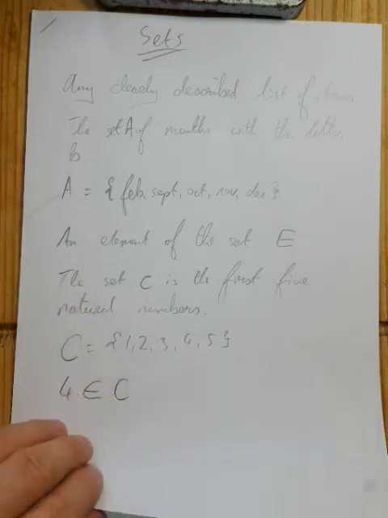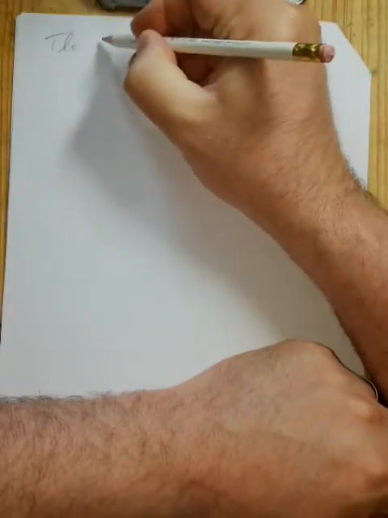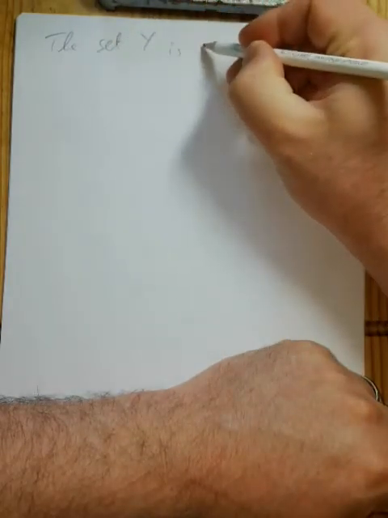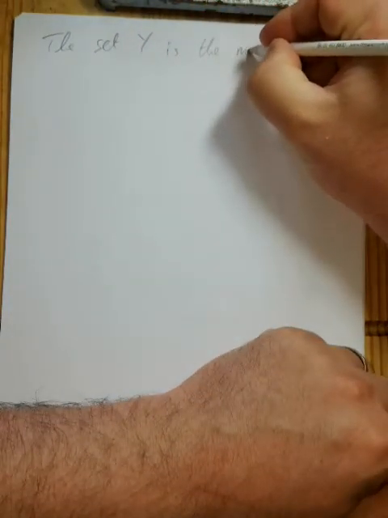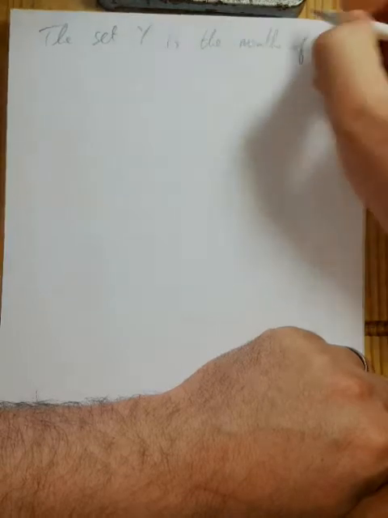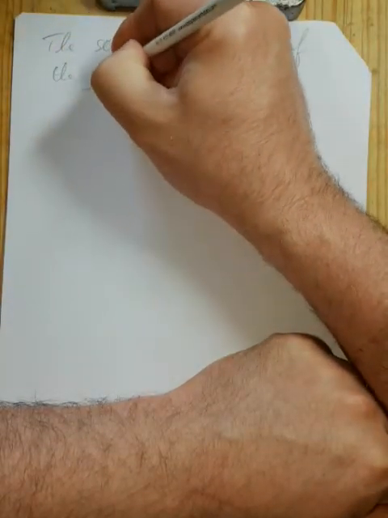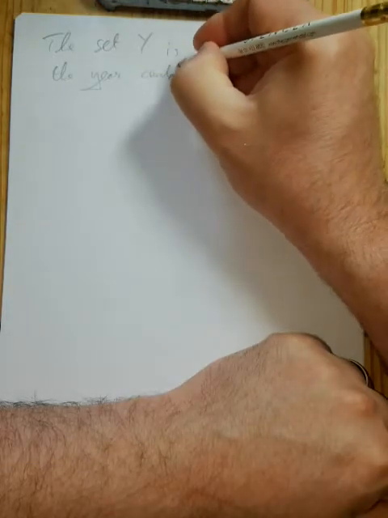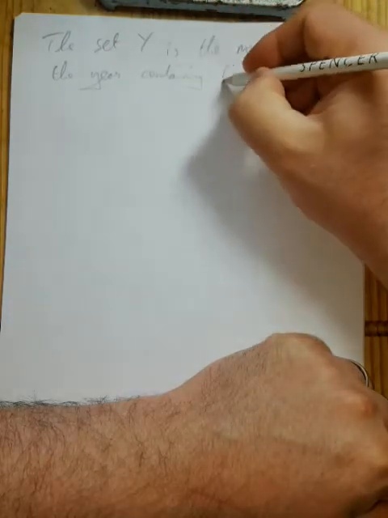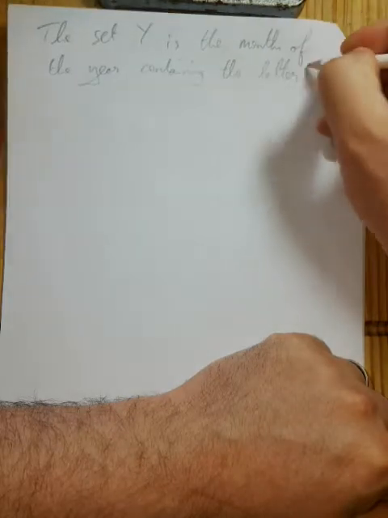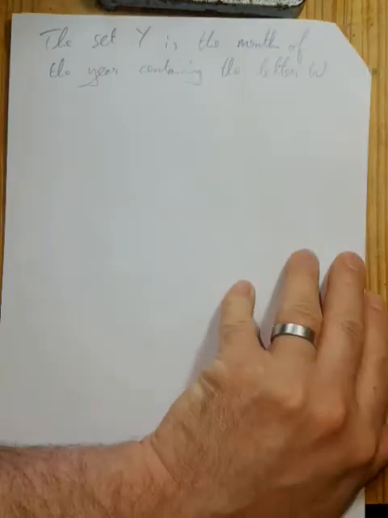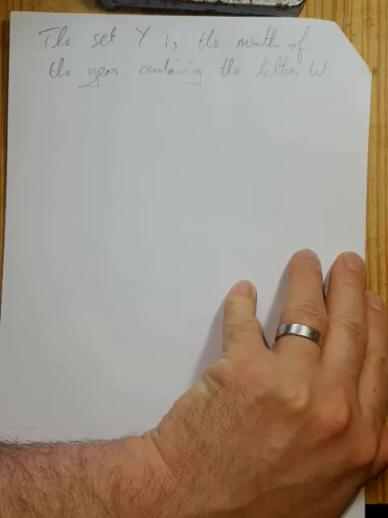So, well, what if I have a clearly defined set, but it doesn't have any elements? So let's take, for example, the set Y is the months of the year containing the letter W. Well, in the English language, there are no months of the year with the letter W in them, okay?